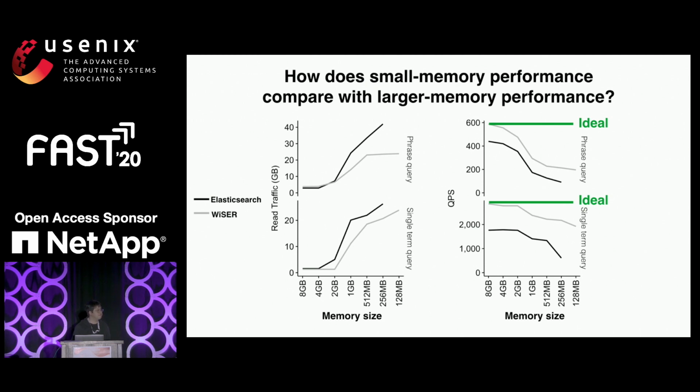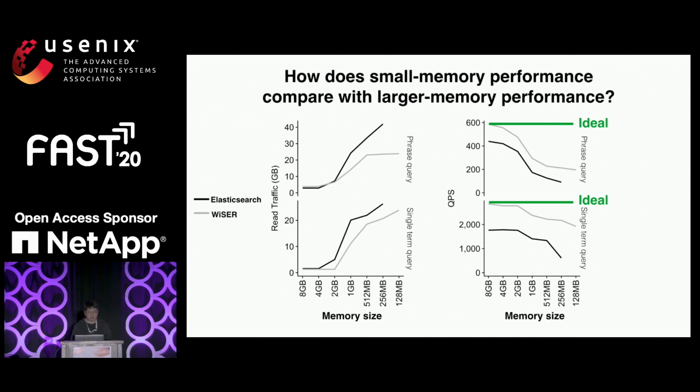Quick question, the other question that answers, I think, my first question. So you bought the NVMe drive in the beginning of the presentation. Did you do any cost comparison between WiSER and Elasticsearch in terms of the hardware resources that you need? Did you compare the cost difference? The cost, yeah. We tried.